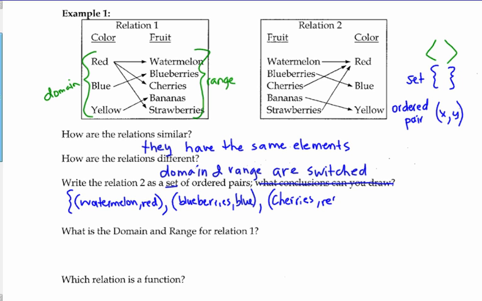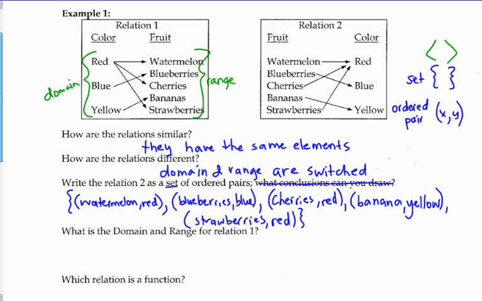Sorry, it's letter writing. Normally they're numbers, so it's really quick. Next guy. Banana, comma, yellow. And last, strawberries, comma, red.